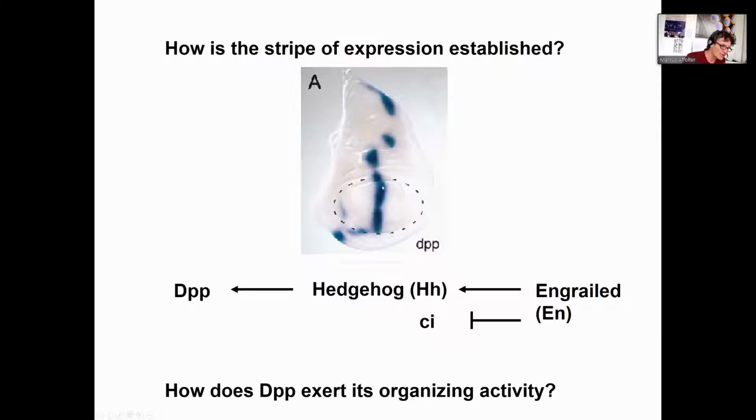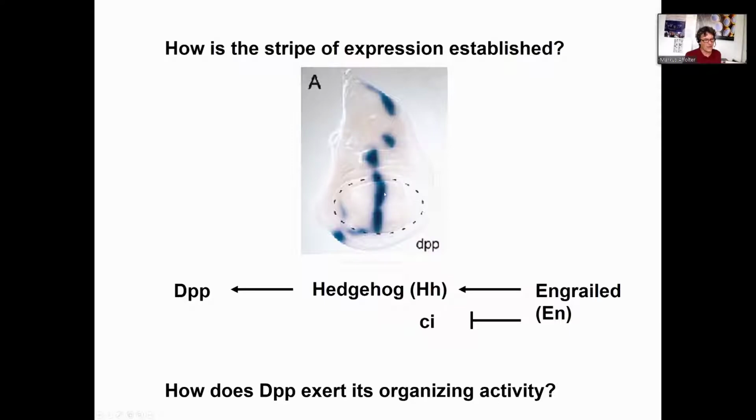So here is the question. This is the stripe of DBP. I tell you now that all of these cells here, over here, they make engrailed. That's what I just showed you. So then the question of how to make this stripe becomes easy. We can say engrailed doesn't allow DBP transcription, and then DBP can only be expressed on the other side.